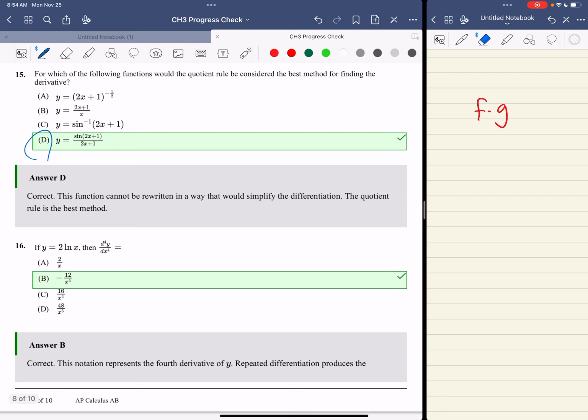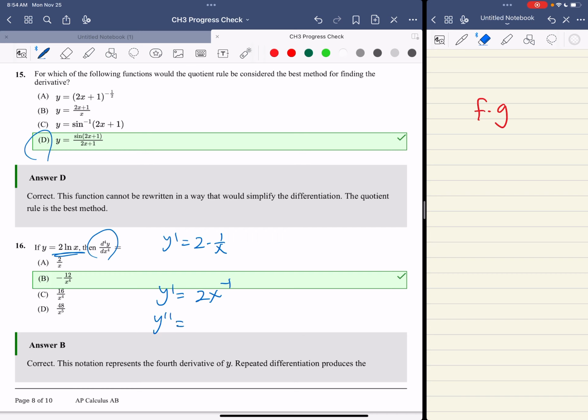Now, if y equals 2 natural log of x, so basically you want to differentiate this one twice. So first, when you take the derivative, this is going to be the same thing as 2 times 1 over x. Let me rewrite: this is the same thing as 2x to the negative 1 power. And then you have to do it 4 times, so you've got to do it 3 more times.